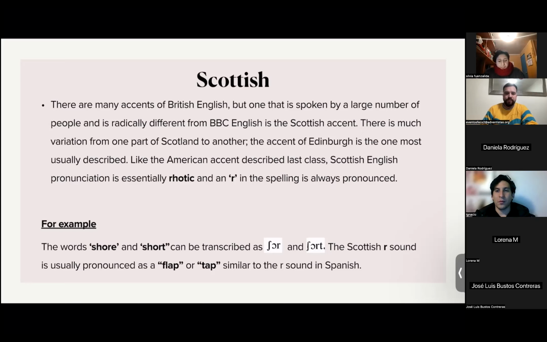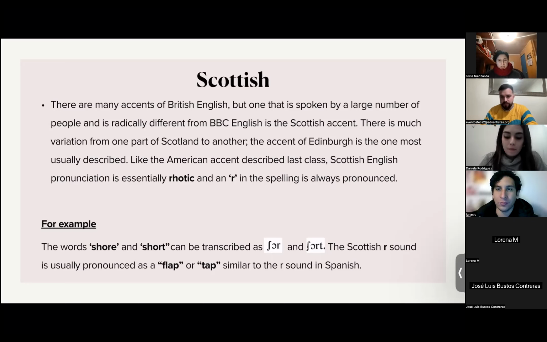So, for example, if we have the word shore, I would say shore because that would be the BBC, the British accent, shore or short. Okay, sure.